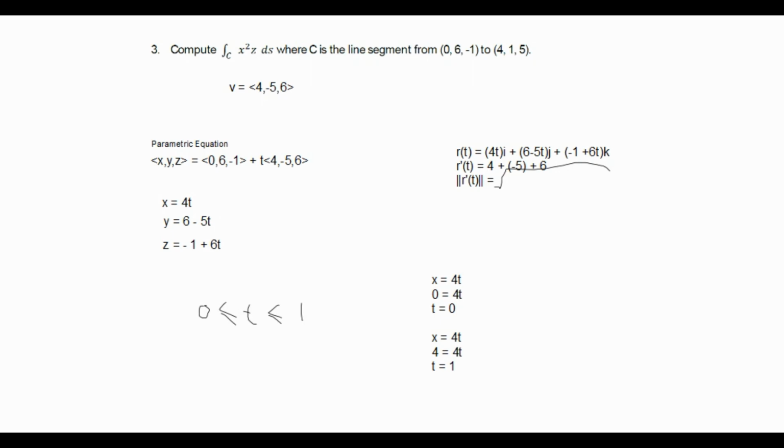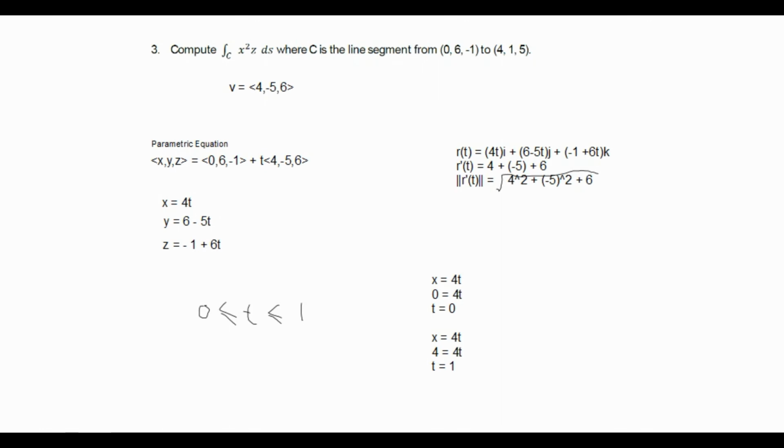So 4 square plus negative 5 square, because we are looking for the magnitude, so we have to square root.